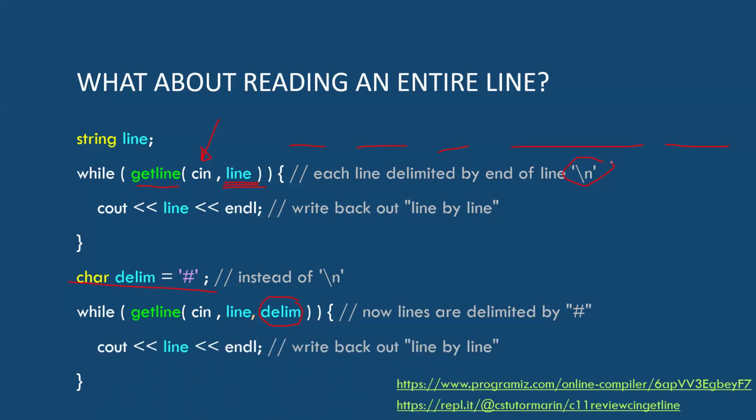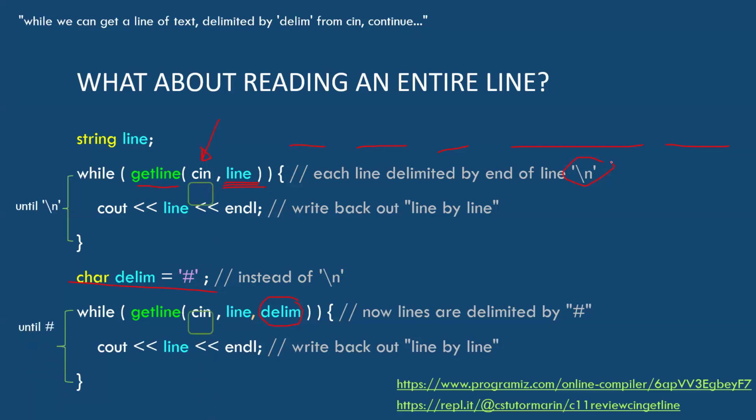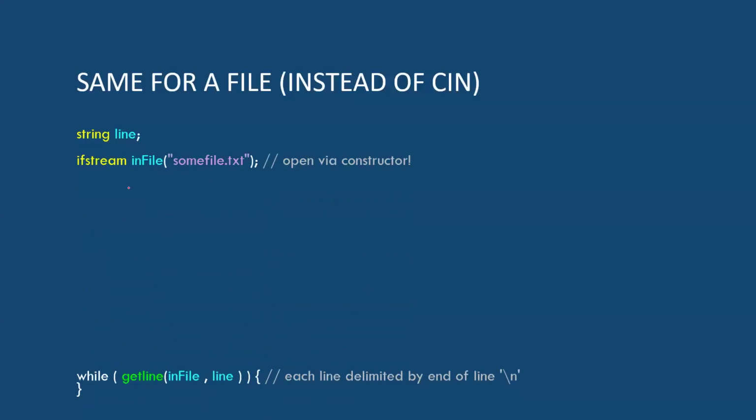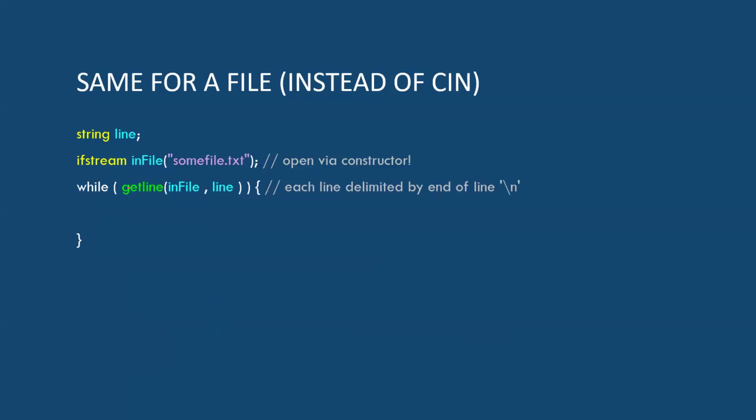So if it works like this for cin, then it should work like this for some other file. Here's us doing the same thing for a file. Open the file, get an entire line up until the end of line and print it out, or do whatever.